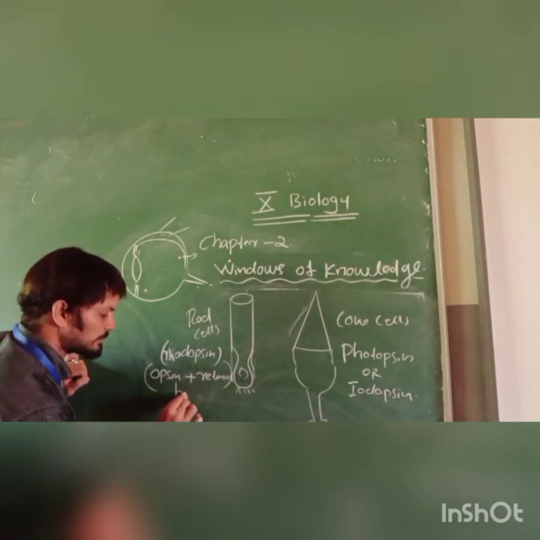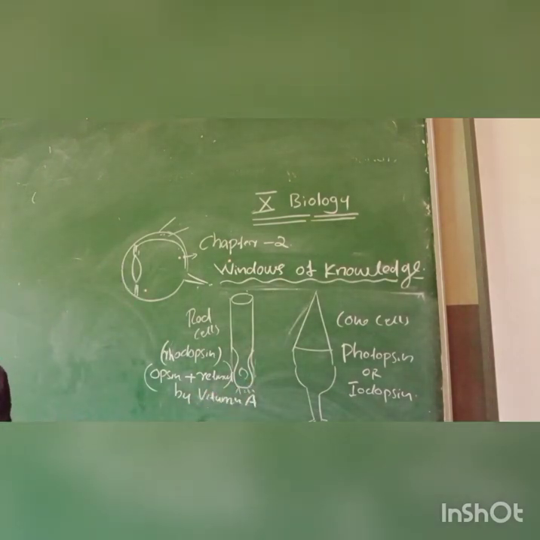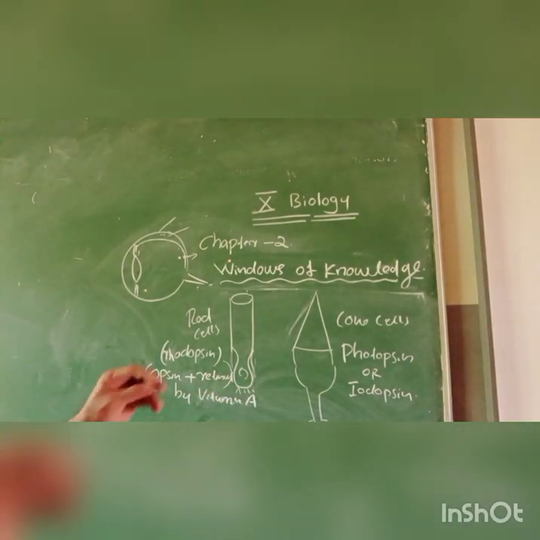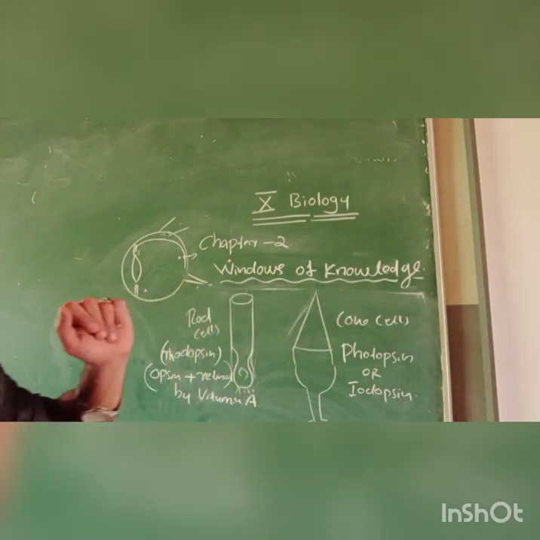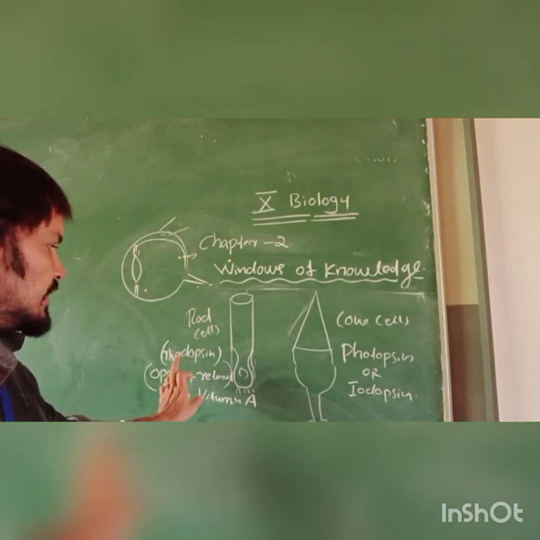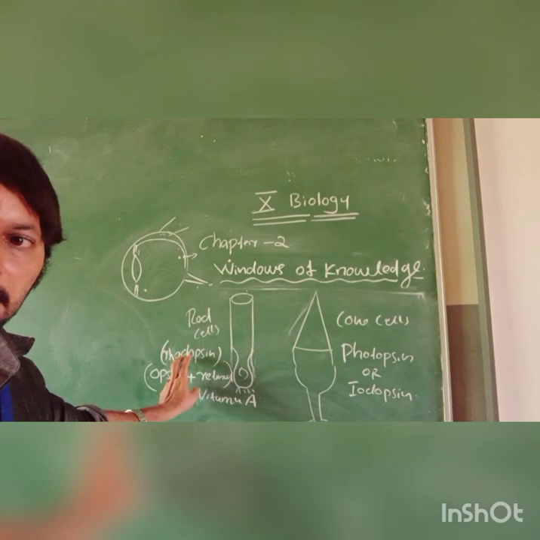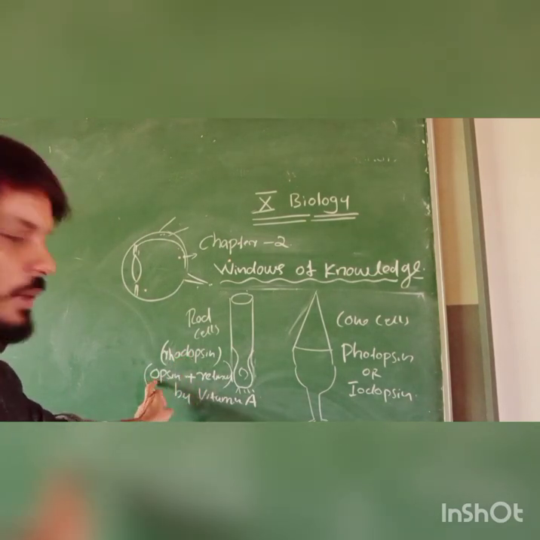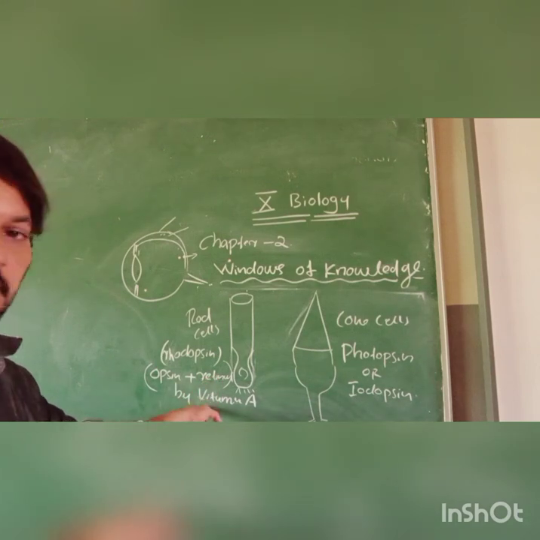They are formed with the help of vitamin A. I say in the photoreceptor there are two cells, rod cell and cone cell. The rod cell contains the pigment known as rhodopsin. This rhodopsin pigment is formed by two proteins, opsin and retinal. These two are derived from vitamin A.